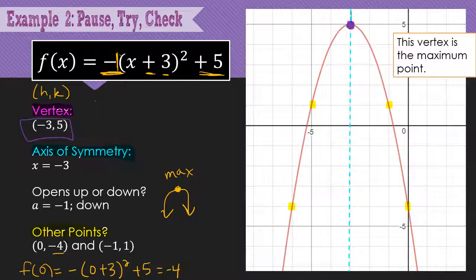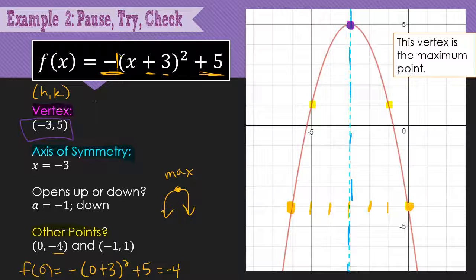That's where that dashed line is coming from. And my other point: when I picked 0 to start, I got 0, negative 4. When I went to graph that, 0, negative 4 came down here, and that was 1, 2, 3 spaces away, so I go 3 on the other side, and that's how I'm getting that second point on the other side of the axis of symmetry. They're always going to be symmetrical, the same distance away from the axis of symmetry.